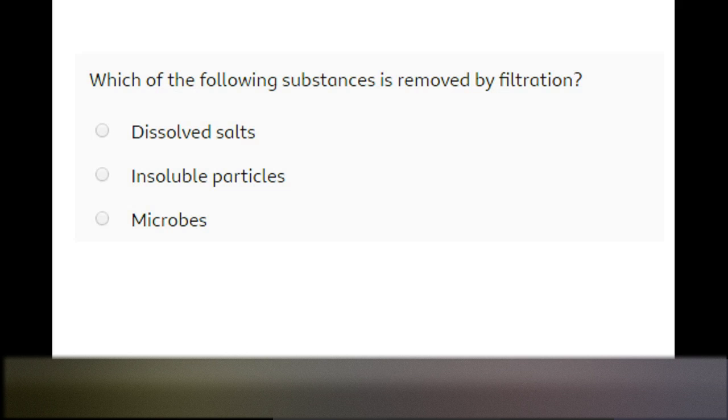Well done. Excellent. Good. As you can all see from Yasin's bright green and purple 2, the answer is insoluble particles. Insoluble means that they cannot dissolve, so they can be removed by filtration.